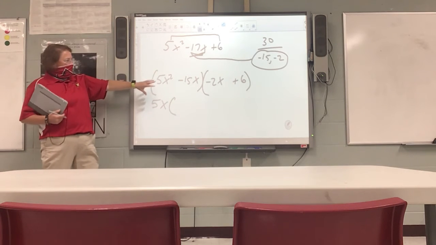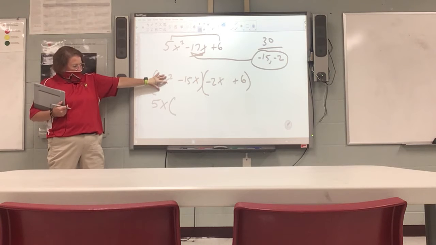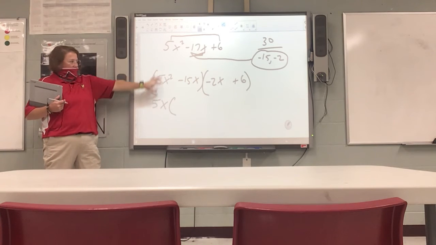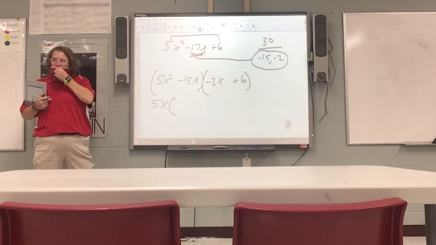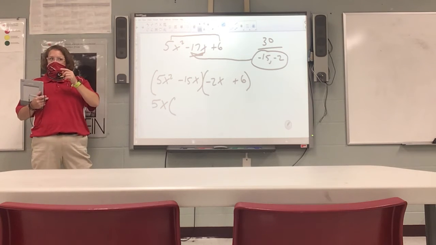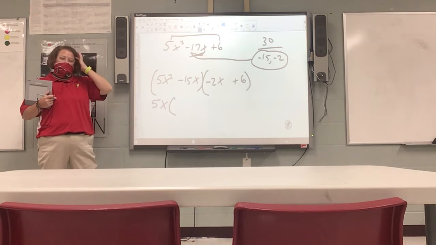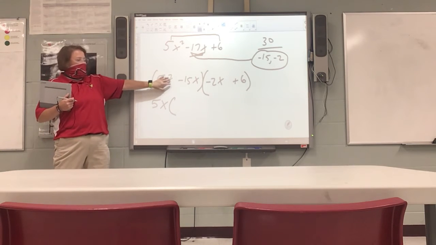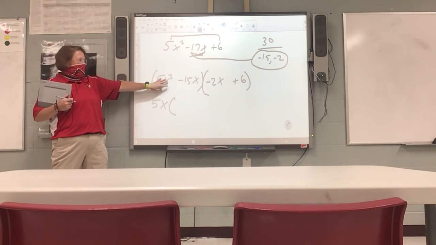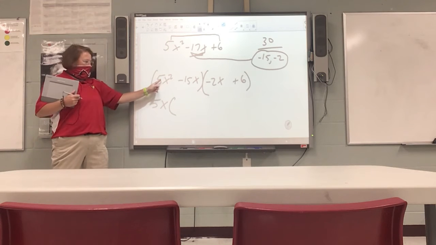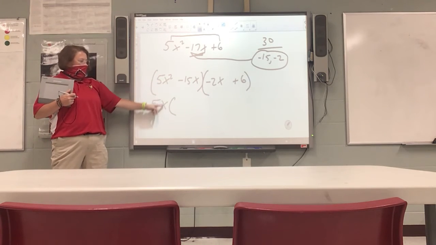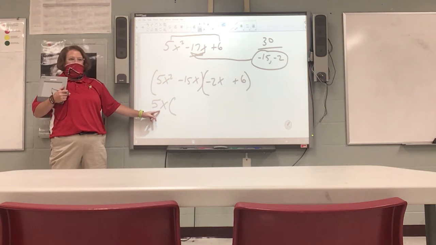So if I had a 5x squared and I factored out a 5x, what would be left? Think of taking your bicycle apart: the complete part had a 5x squared. We took the 5 off of it and we took an x off of it. What's left?